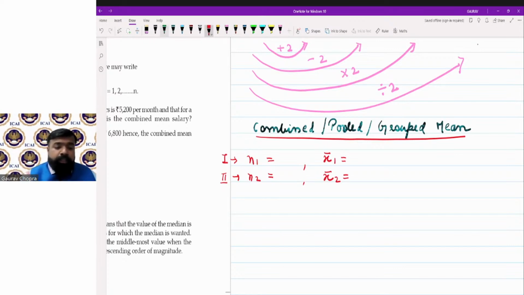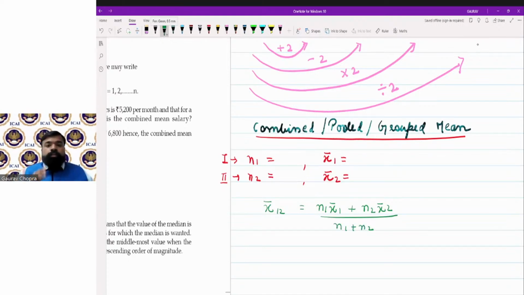So combined arithmetic mean is denoted by X bar 1, 2. 1 means first group, 2 means second group. So what is the formula? N1 X bar 1 plus N2 X bar 2 upon N1 plus N2. This is the formula for X bar 1, 2.